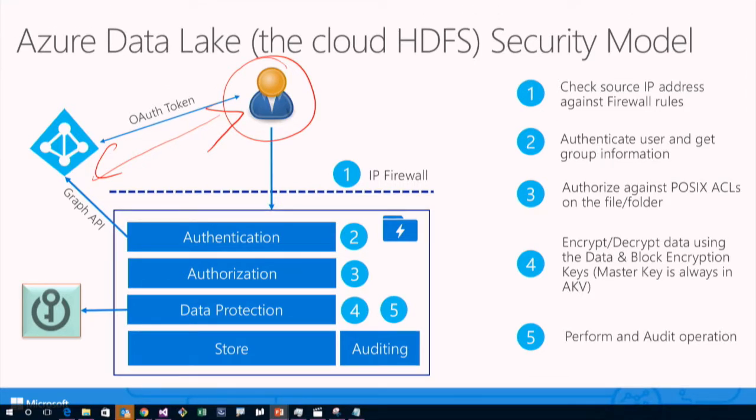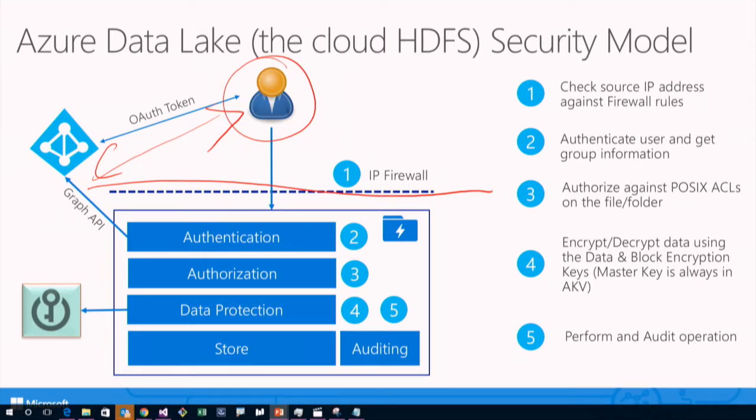Now that URL is protected by an IP firewall that sits on top of this. Now, this is again optional, so it is highly recommended, but from the perspective of the HDFS security pieces, you are free to go ahead and say, I don't need it. But if you need it, you specifically get in and go ahead and configure certain firewall rules determining who gets access to the underlying data assets as it comes across.